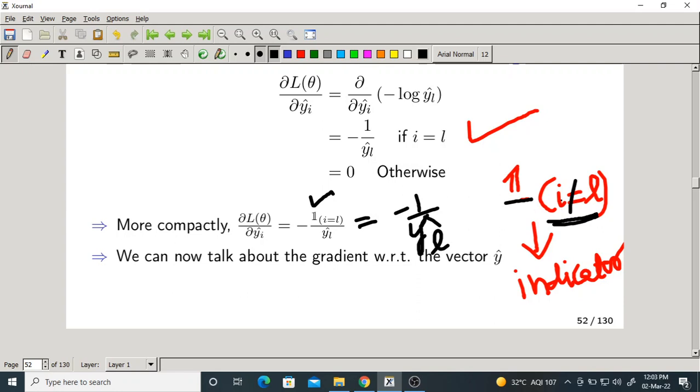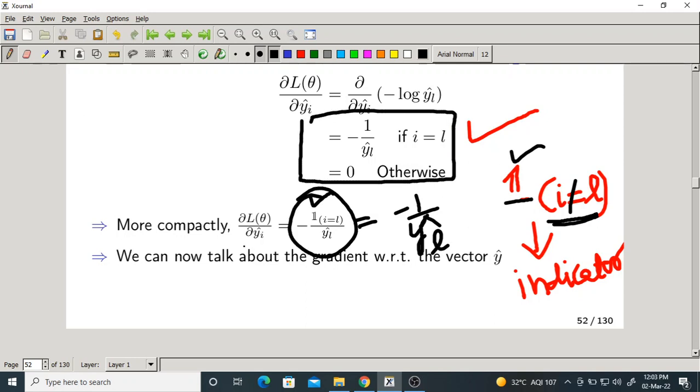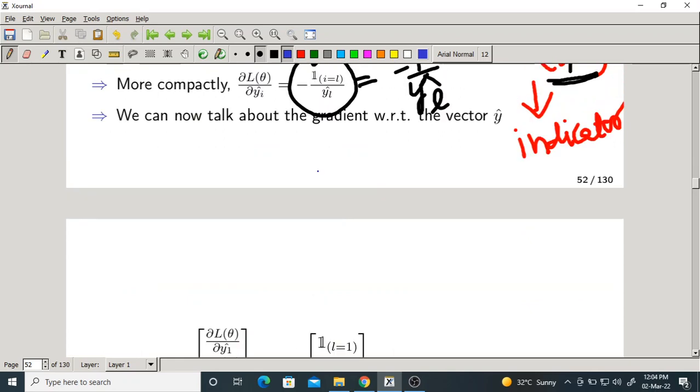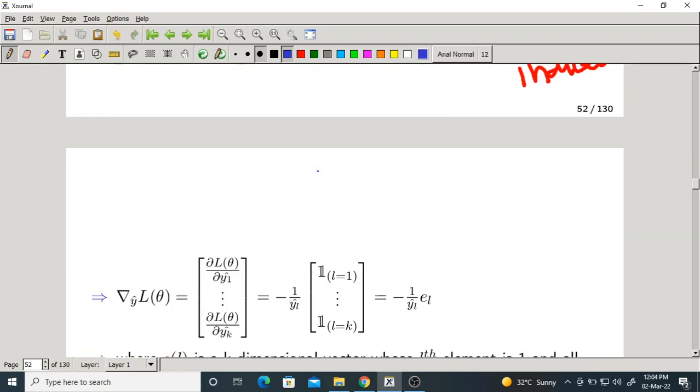If i is not equal to L, this is 0. Same thing. So the same thing is being written using this indicator variable. Is it okay? So please remember this. It is something like this: 1 if i equals 1. If I write like this, it means if i equals 1, the output is 1. Otherwise, output is 0. Correct? So remember this variable is very, very important. Now, so simply what I have done is, till now I got what?